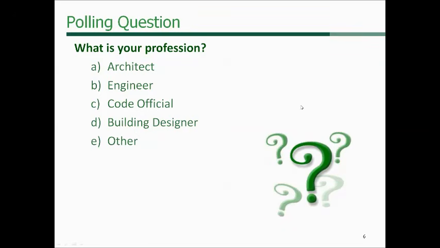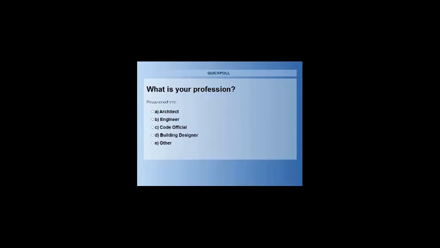So before we get started into all that, I'll ask Marcy to come back for our first and easiest poll question of the day, because there are no wrong answers for this one. Absolutely. All right. So what is your profession? Architect, engineer, code official, building designer, other? So I'll give you about 30 to 40 seconds to answer. And this one, you know, participation is key here. So if you want to earn a chance for that publication, participate.